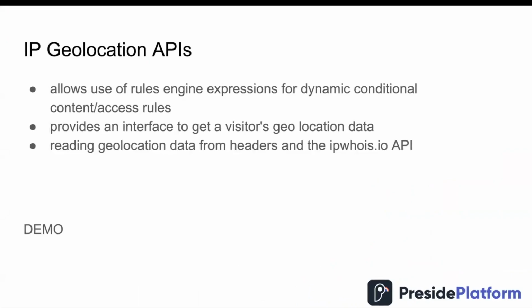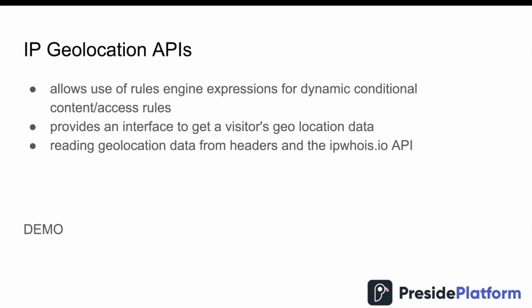Next one, also a small one, IP geolocation APIs. This is quite interesting. It uses common headers from, for instance, Cloudflare and so on, but also accesses the IPUIS API to get geolocation data from a visitor. And you can use it in 2 different ways, which are kind of neat.